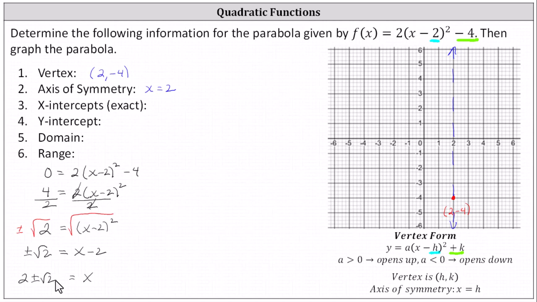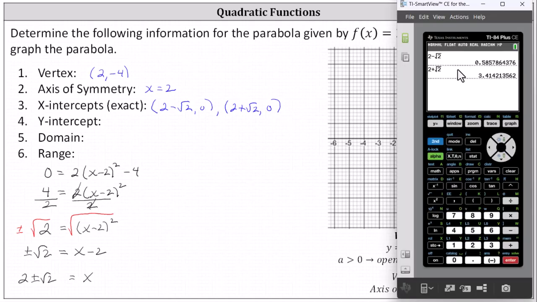This indicates the two x-intercepts are the points 2 minus square root 2 comma 0 and 2 plus square root 2 comma 0. To plot these on the coordinate plane, we'll want to get decimal approximations, which I've already done.